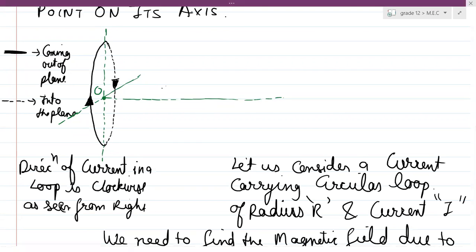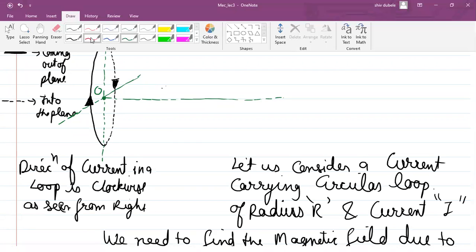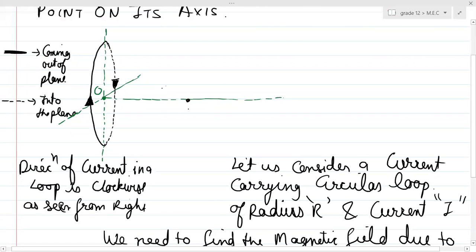So basically, on this axis, at a distance x, there is a point. So from here to here, the distance is x. Okay, is this clear, guys? This distance is r, and this distance from O to P is x. Is this clear? Yes, sir.